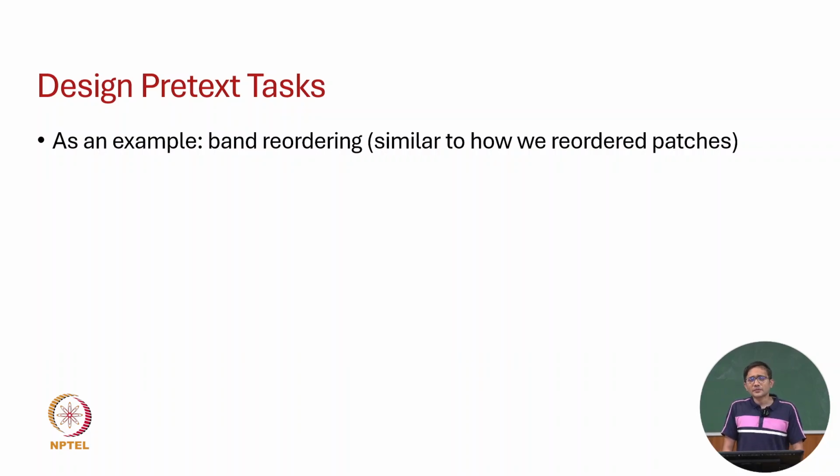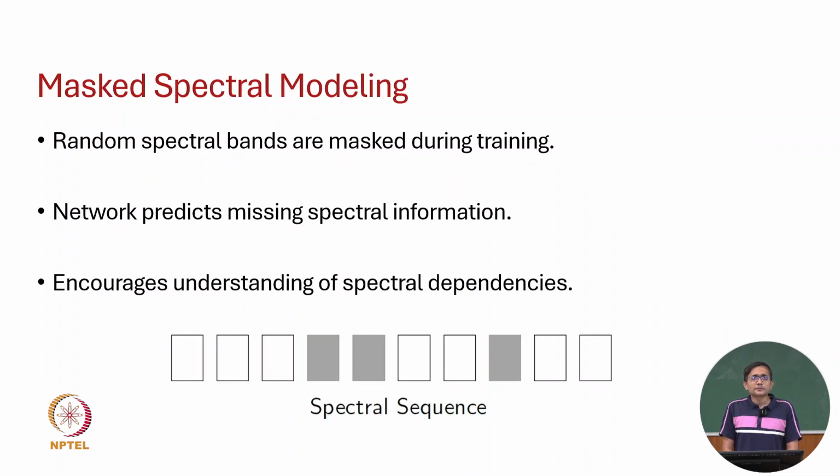In a similar way, we can take 10 different band reorderings, and we can now ask which of these 10 band reorderings has been applied, and the no band reordering can be one of these 10 possible combinations. So this is one possible pretext task.